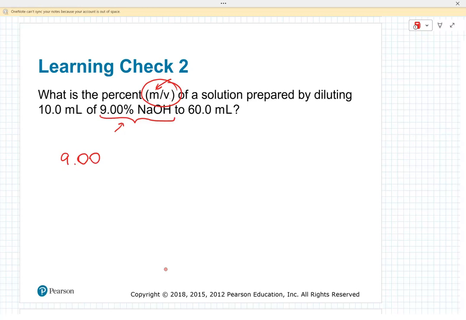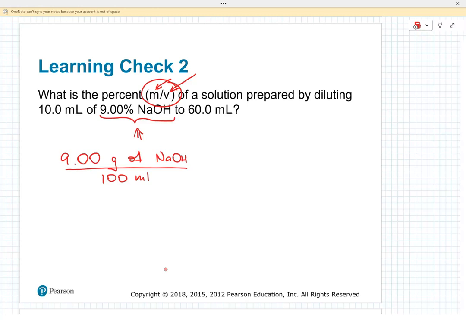But what? Units. Grams of sodium hydroxide over 100 what? It's okay. 100 milliliters of solution. I'm not going to write the word solution, okay?